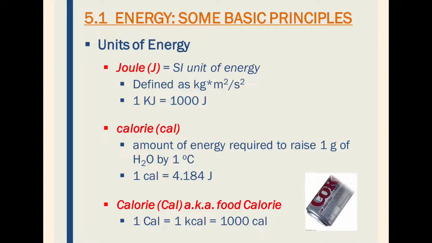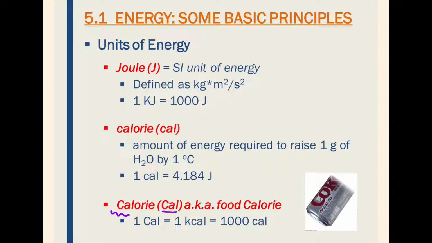You'll also see calorie pop up a lot. Now, when we think calories, we're probably thinking of calories on food labels or working out to burn calories, things like that. They are actually two different versions of the calorie. So the calorie we think of when we're thinking about food and working out and whatnot is actually a capital C calorie. So you can see it's abbreviated capital CAL.